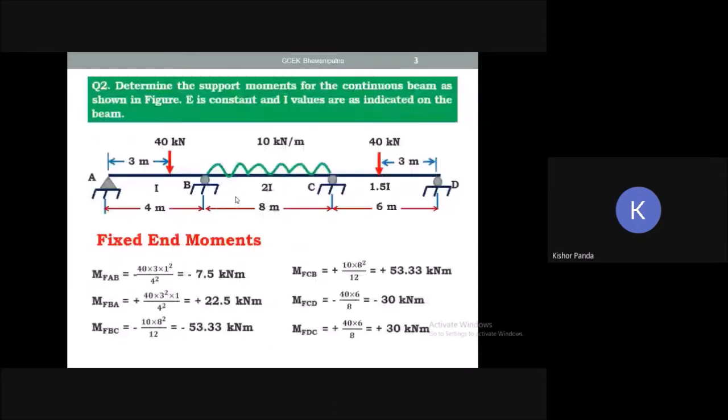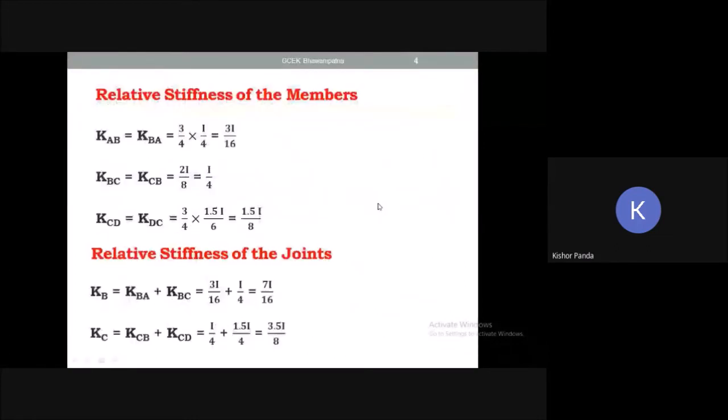Then KCD is equal to KDC, here this is an end span simply supported, so 3 by 4 into 1.5I by 6, which is equal to 1.5I by 8. So this is the relative stiffness of the members.